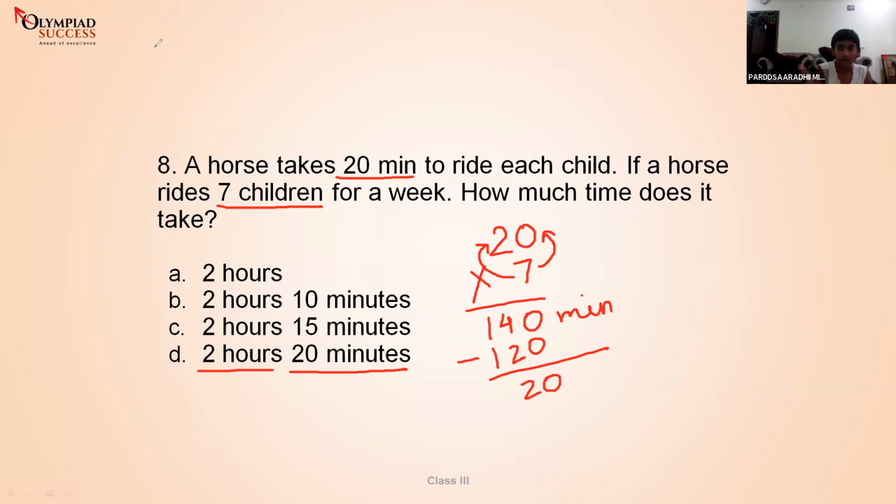Okay. Does anyone have any doubt? Yes, guys, anyone? Divya, is that clear to you? Okay. Pratham, clear? Okay. Javik, please turn on your camera. Anvi, please turn on your camera.